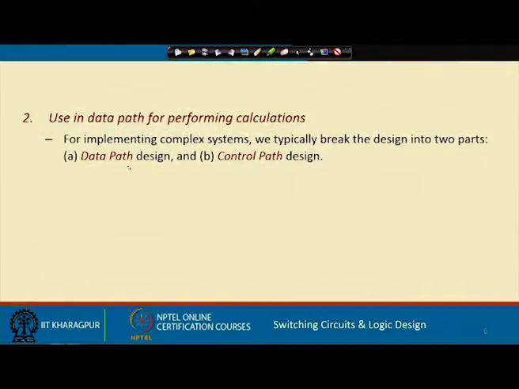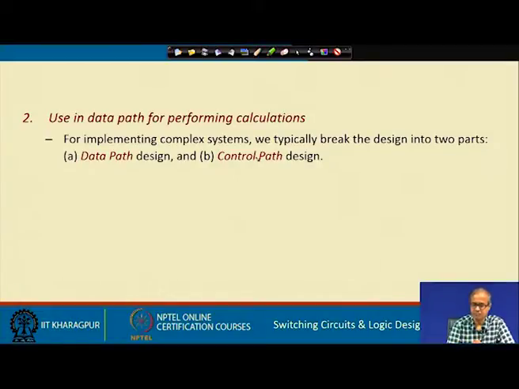Suppose I want to implement a circuit that computes the greatest common divisor GCD of two numbers. You see, designing such a circuit using this FSM mechanism will be extremely difficult. There should be some other simpler method to approach this kind of complex problems. So, any kind of higher level description like this requires a different approach. The approach says that you need to separate out the data path and control path of the design.